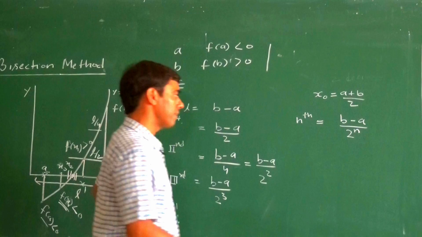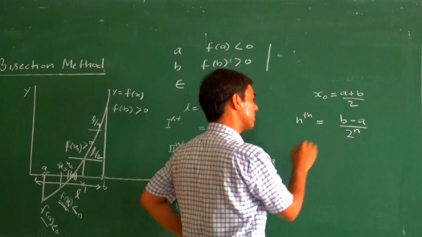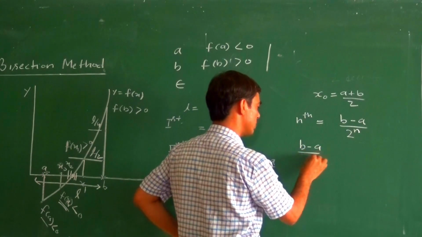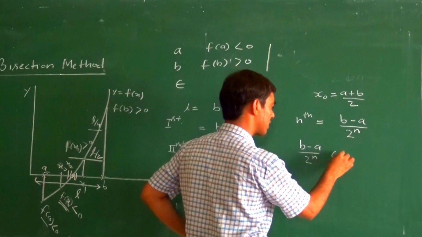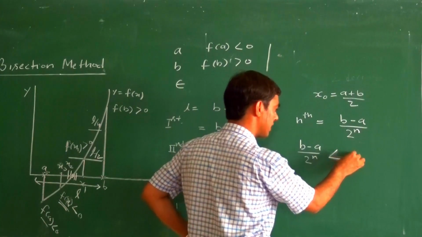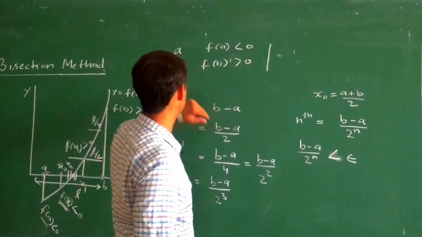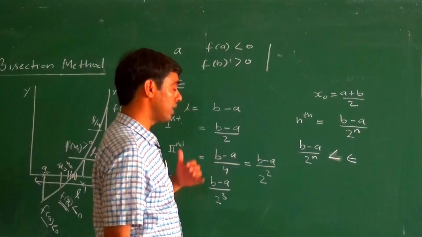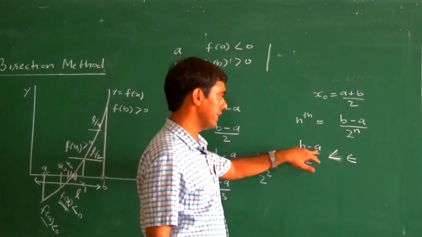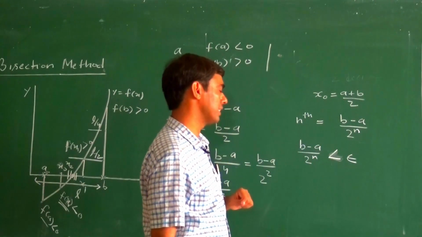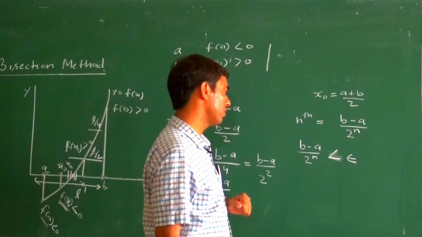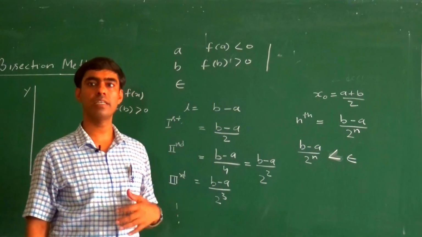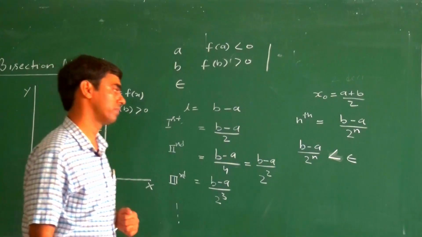So, if the value of (b minus a) upon 2 to the power n is less than EPS, then what are the known values initially with us? a, where the value of the function is negative, b, where the value of the function is positive, and EPS is the desired level of accuracy.